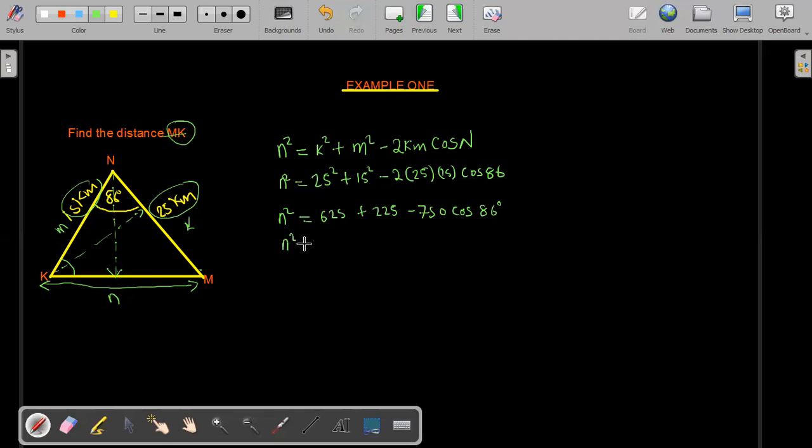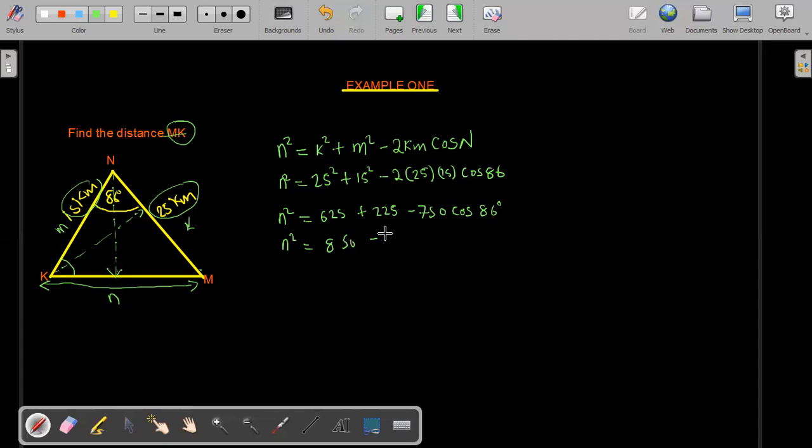Okay, so we have that. So we can add 625. You guys will verify for me. Tell me if there is any error in terms of the numbers that I'm putting here. So when you add 625 plus 225, we are getting 850.